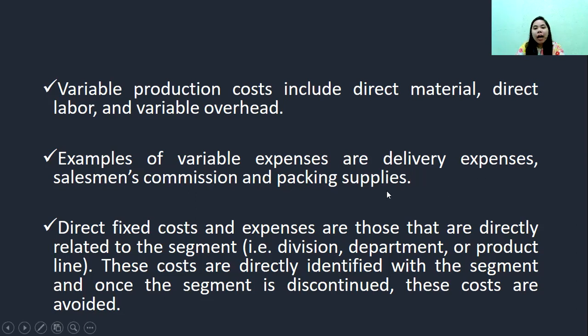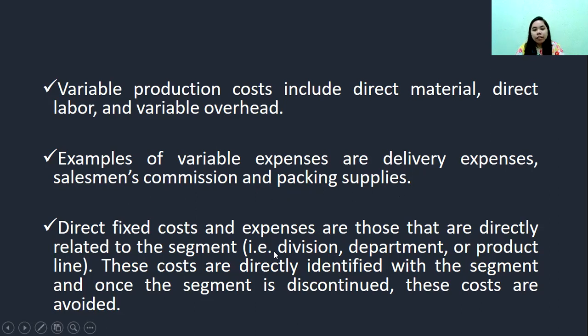So if you sell more, of course, you deliver more, so you incur more delivery expenses, and you also pay more to your salesmen as their commission, and you also pay more for your packing supplies for those units that you have produced. So if you produce less, this will also decrease since you will be delivering less goods, paying less commissions to your salesmen, and buying less packing supplies.